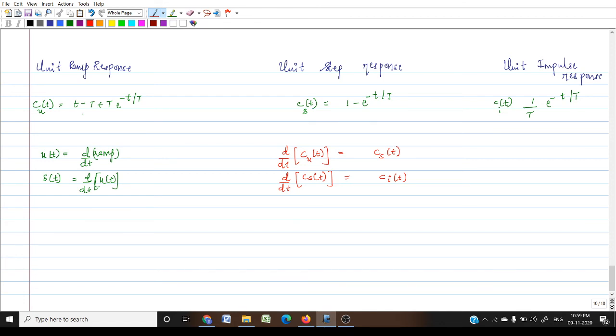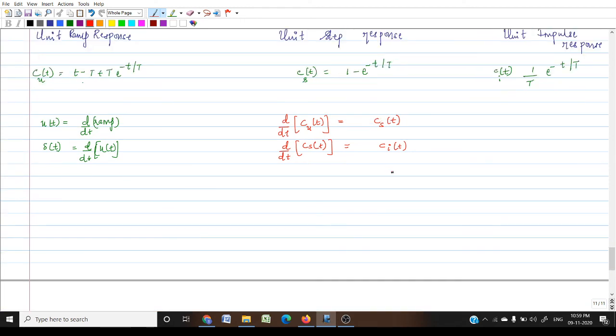So you can see that you have two responses, and one response is the derivative of another. The response to the derivative of the input signal can be obtained by differentiating the response of the system to the original signal. To put it in simple words, consider an input signal r of t.